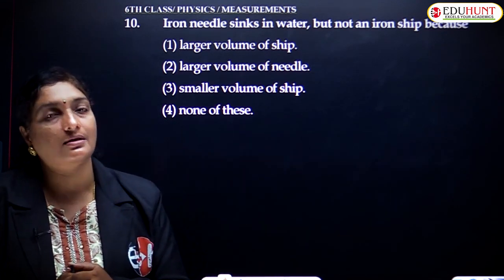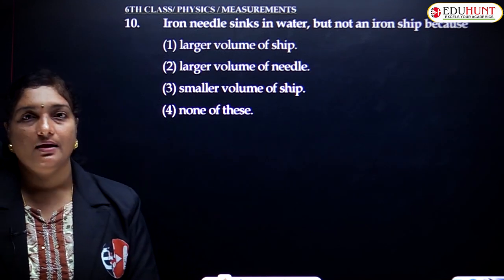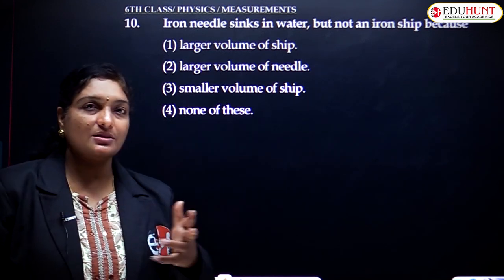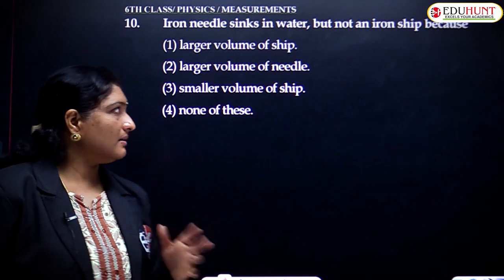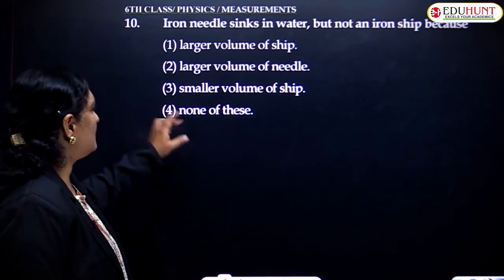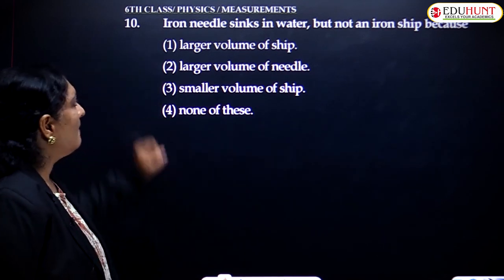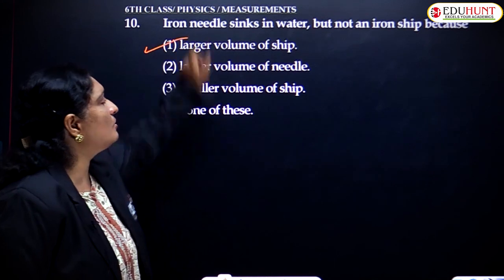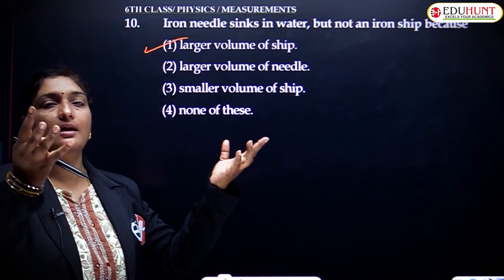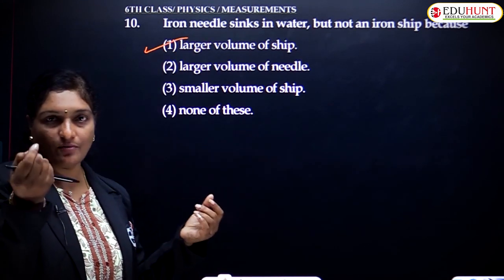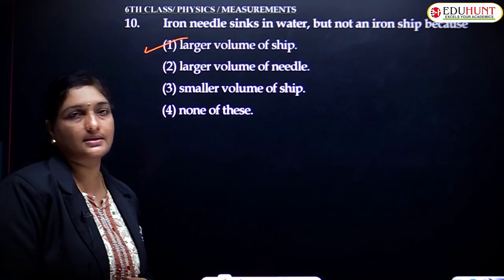What makes the difference? Volume. Because density equals mass by volume, here the volume matters. Because of the larger volume of the ship, it floats, whereas because of the less volume of the iron needle, it will sink down.